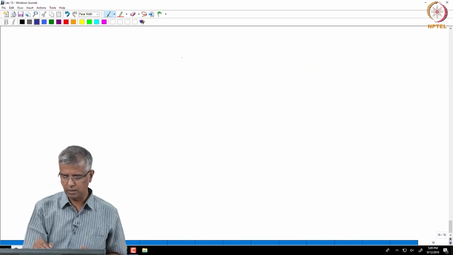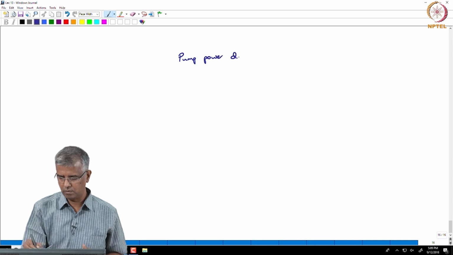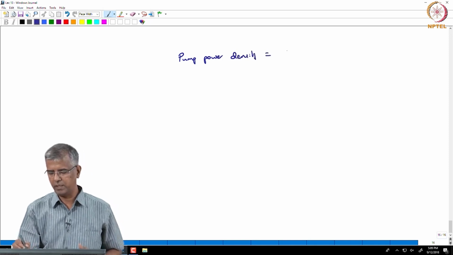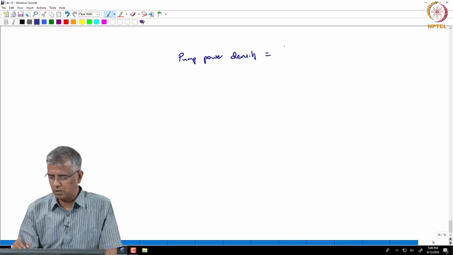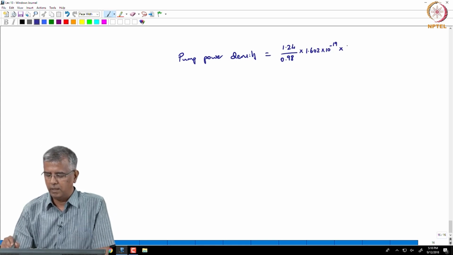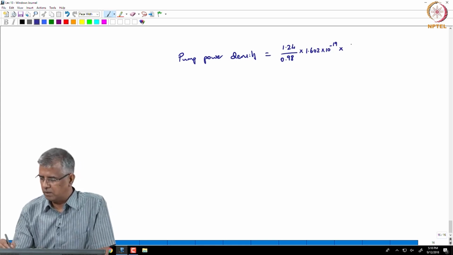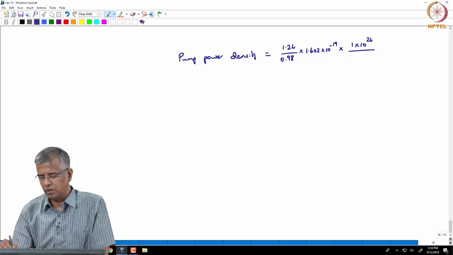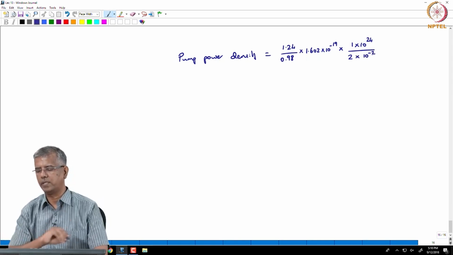The pump power density is going to be given by this h nu pump, which is 1.24 divided by 0.98 multiplied by 1.602 into 10 power minus 19, multiplied by your Na, which is 1 into 10 power 24, divided by your 2 times TSP, and TSP is given as 10 milliseconds. So, 2 times 10 power minus 2 seconds.